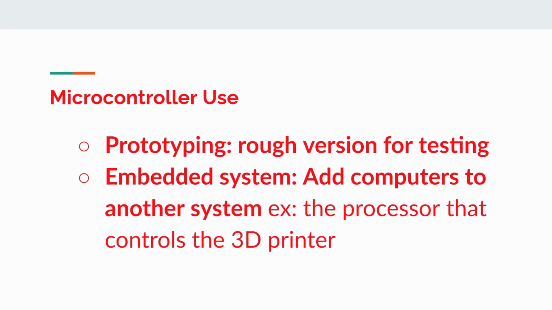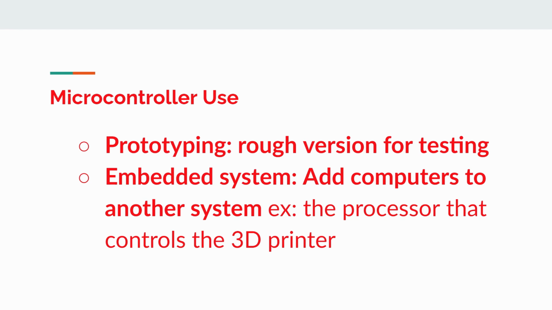Now, if you are done with prototyping, if you're ready to test or keep this final product, then we can take the microcontroller and make it embedded, which means you're no longer able to access the microcontroller from the outside. You can't really change the programming anymore, but it's just going to live inside of another component.